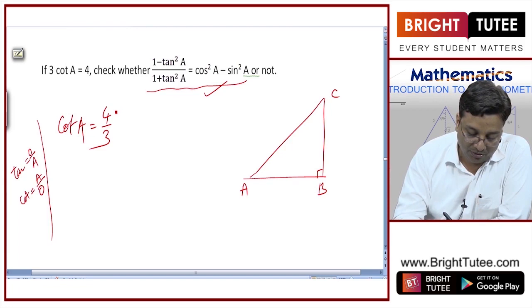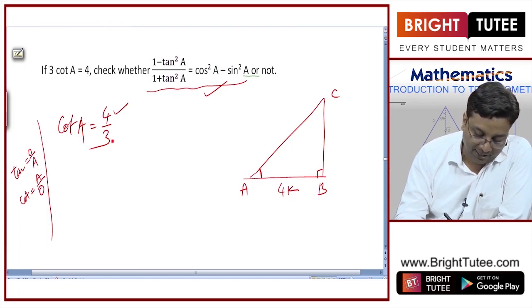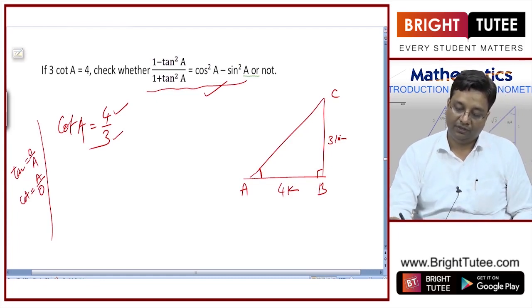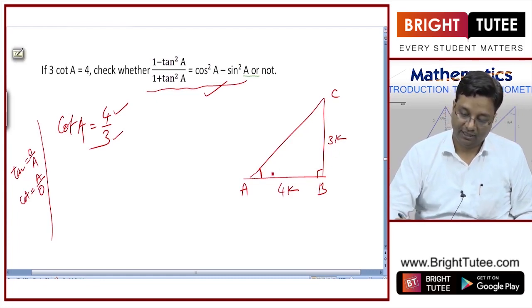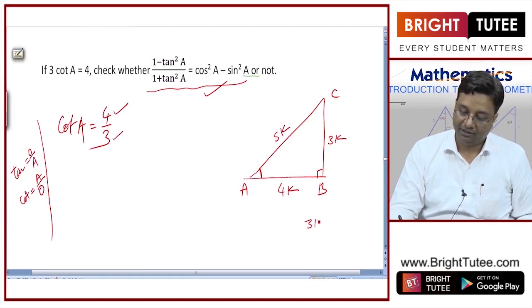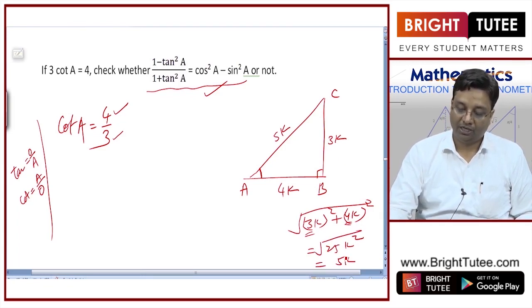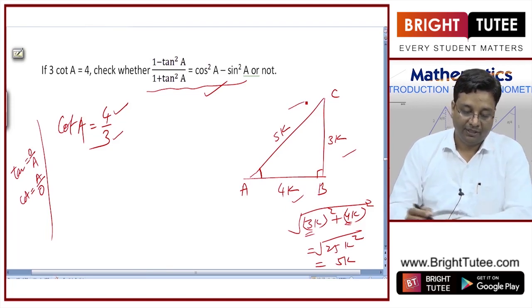We are talking about this angle here, so let's take this side as 4k and the opposite as 3k. If you apply the Pythagoras theorem on this triangle, AC is equal to 5k, because the square root of 9k square plus 16k square is 25k square root, which is 5k. Now you have all three sides here.